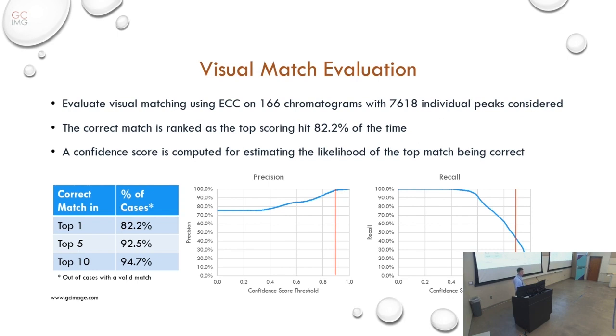And we ranked those scores, and we found that 82% of the time, the correct match was identified as the top scoring hit. 92% of the time, it was within the top 5, and 95% of the time, it was within the top 10. And so even if it wasn't able to identify the correct match as the top hit, within the returned hit list it would still generally find the correct hit, and so that would aid in any manual corrections that needed to be made.